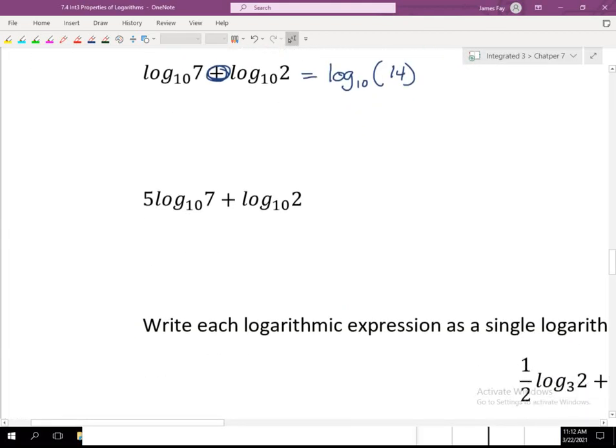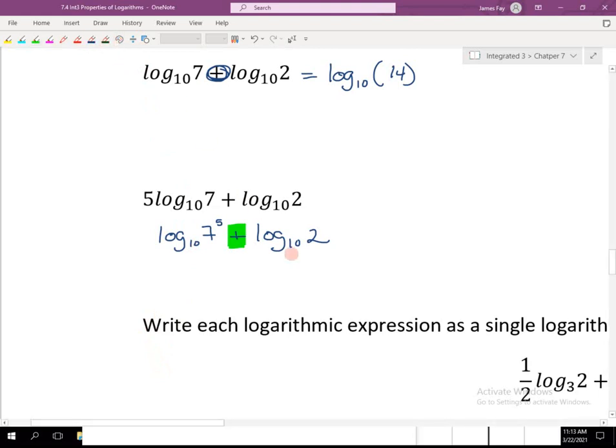What do I need to do with this 5 before I do anything? Make it an exponent. So we get 7 to the 5th, plus log base 10 of 2. Now with that addition, what does it turn into?